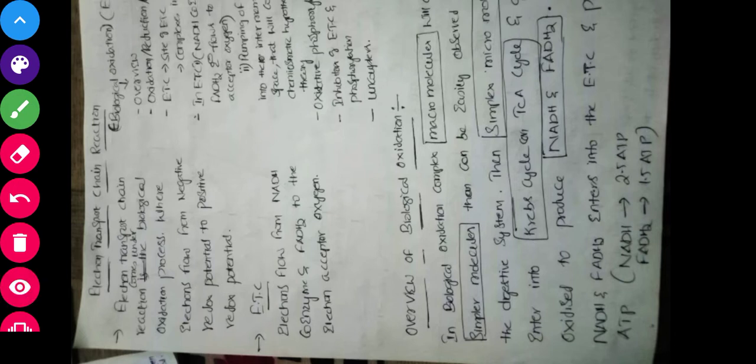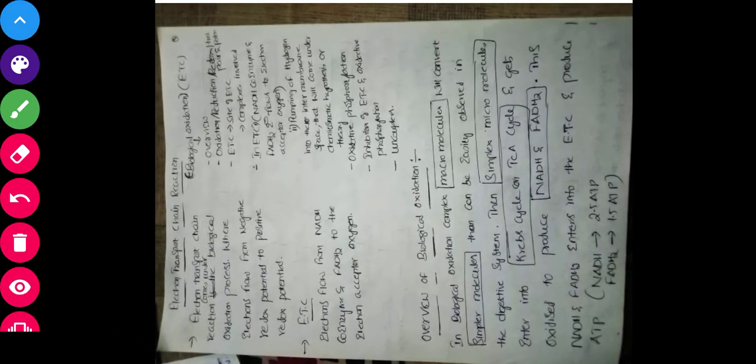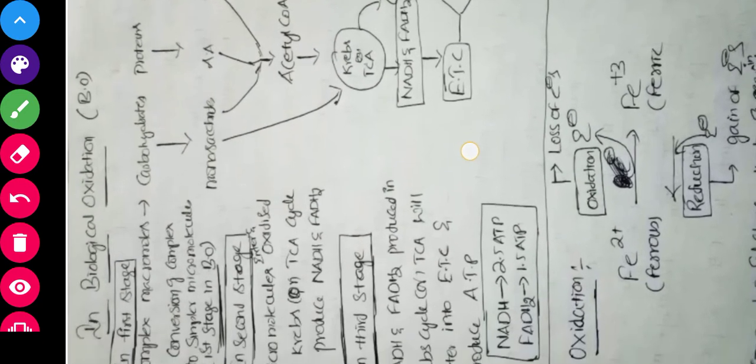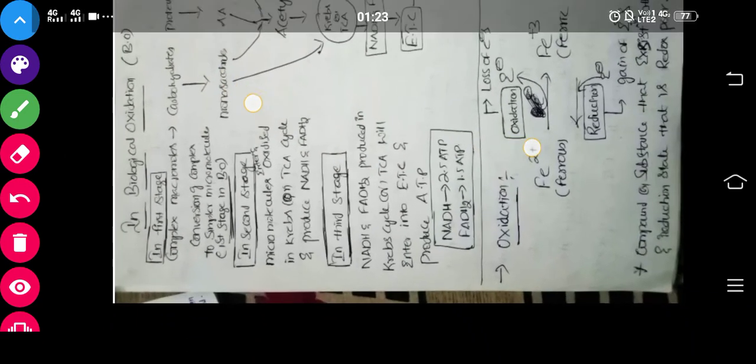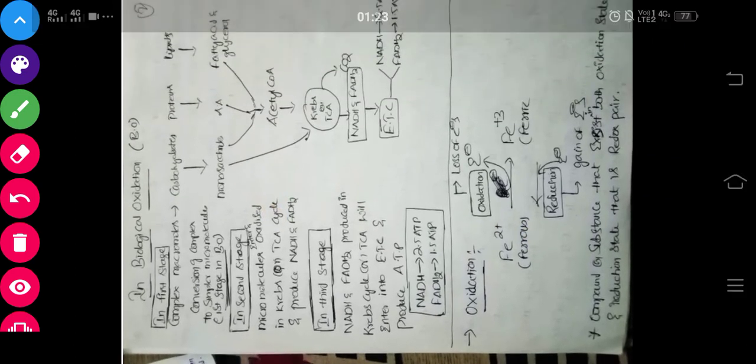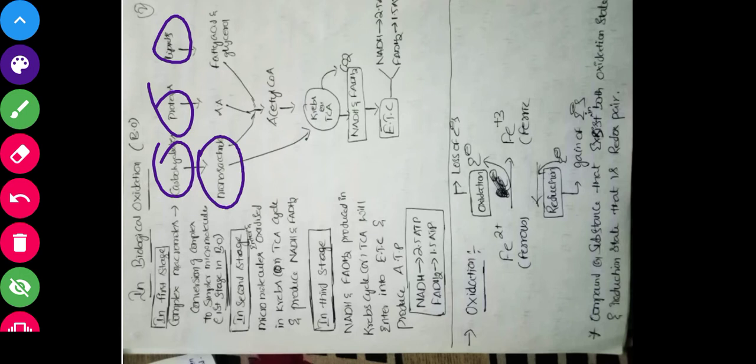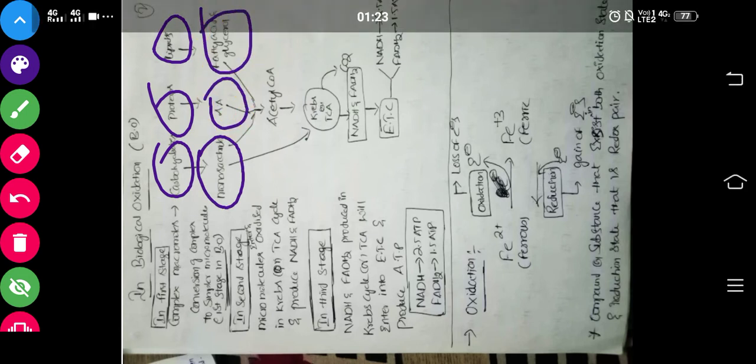Next we will see the overview of biological oxidation. I already explained biological oxidation and the complex macromolecules. What are those? Carbohydrates, proteins or lipids, which are broken down in the digestive system. Carbohydrates are broken into monosaccharides, proteins into amino acids, and lipids into fatty acids and glycerol.